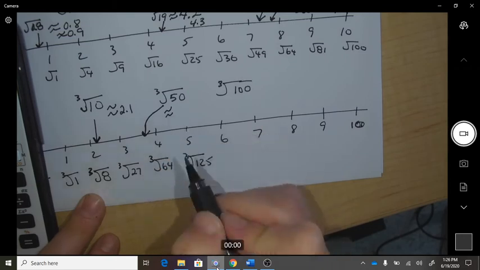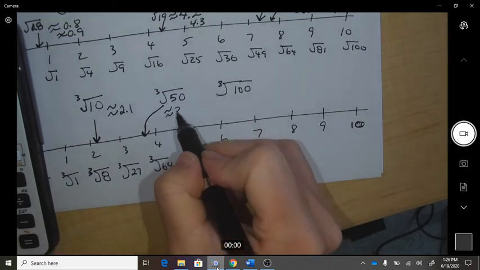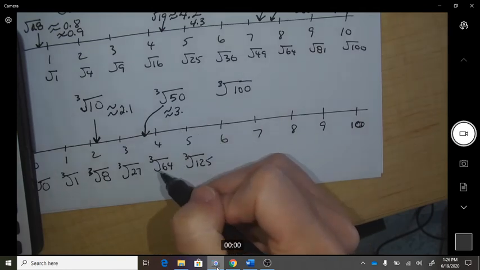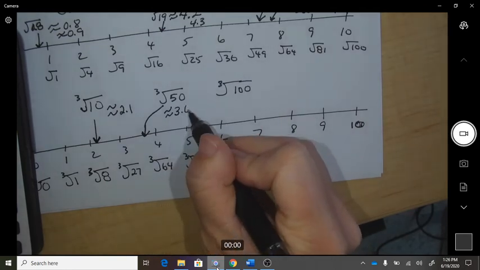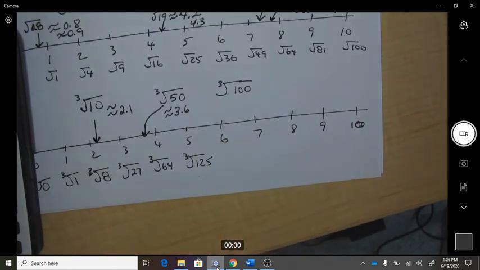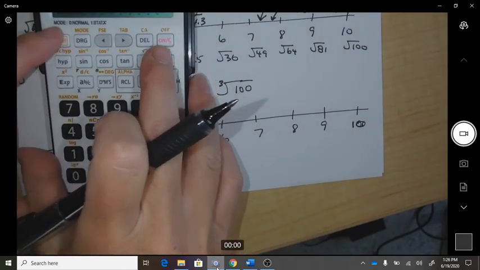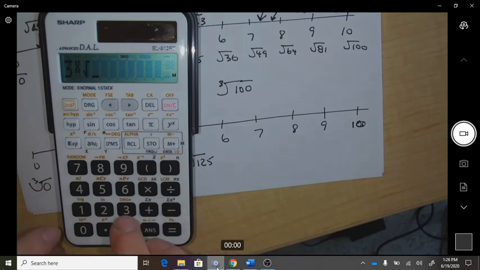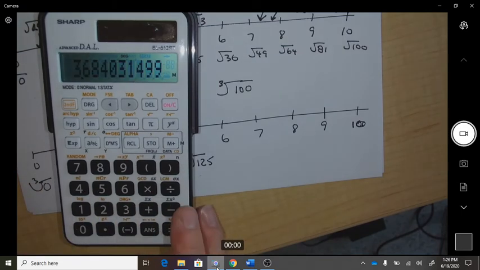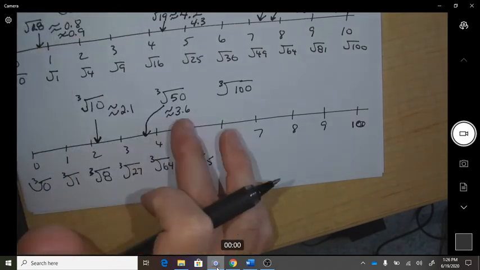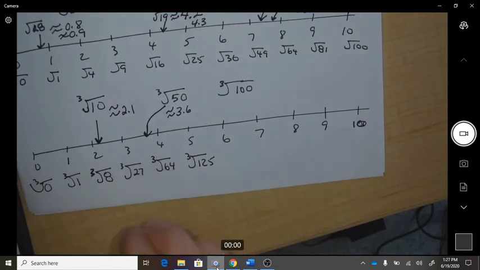So my best estimate of that would be, I don't know, I think I'm going to go 3.6. The cube root of 50 is closer to 3.7. So again, you're just making estimates, so you're just kind of using logic.